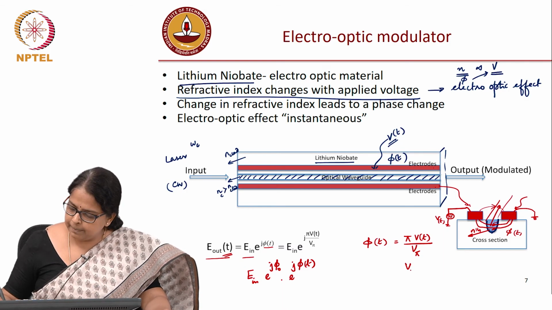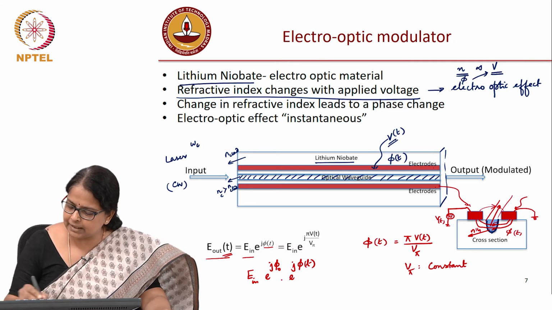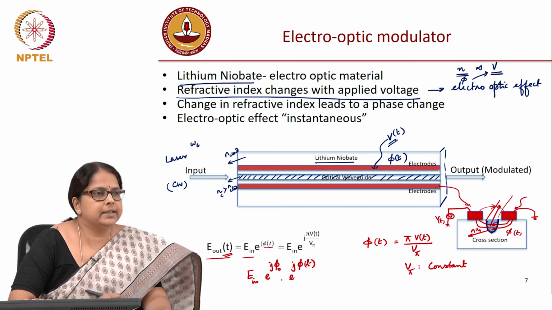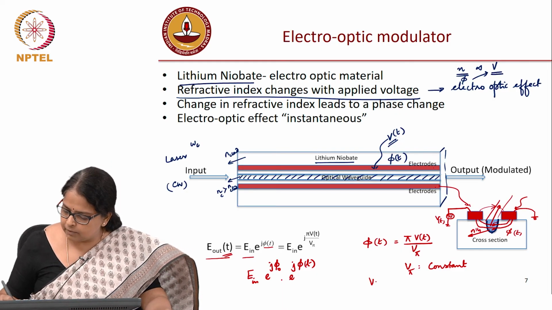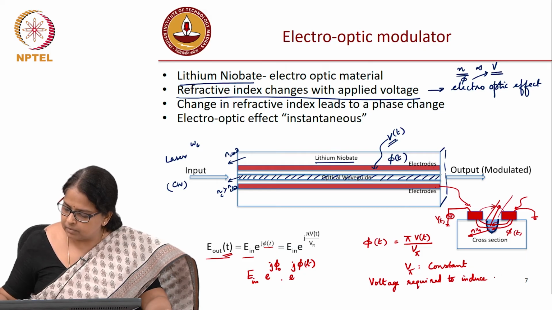Okay. This v pi is a constant which is characteristic of my device. V pi is the voltage required to induce a phase change of pi.